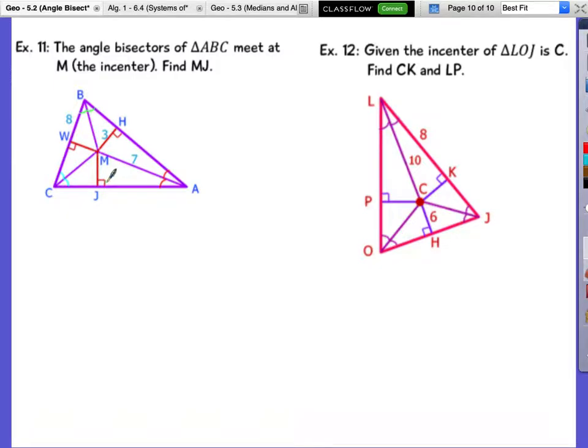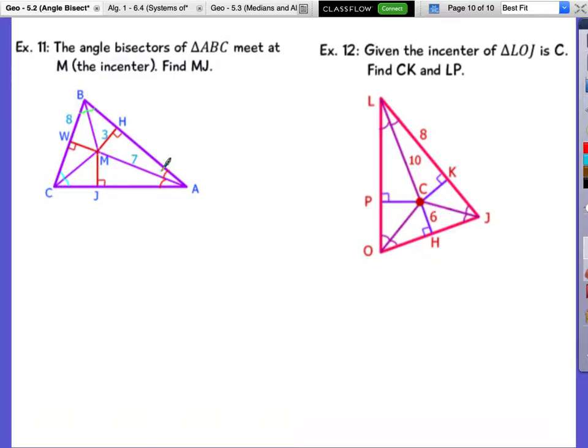Okay. I hear some people saying it's 3. How do we know it's 3? MH is 3, and the incenter is equidistant from the sides. What is AB? A side, right? It's the side of the triangle.